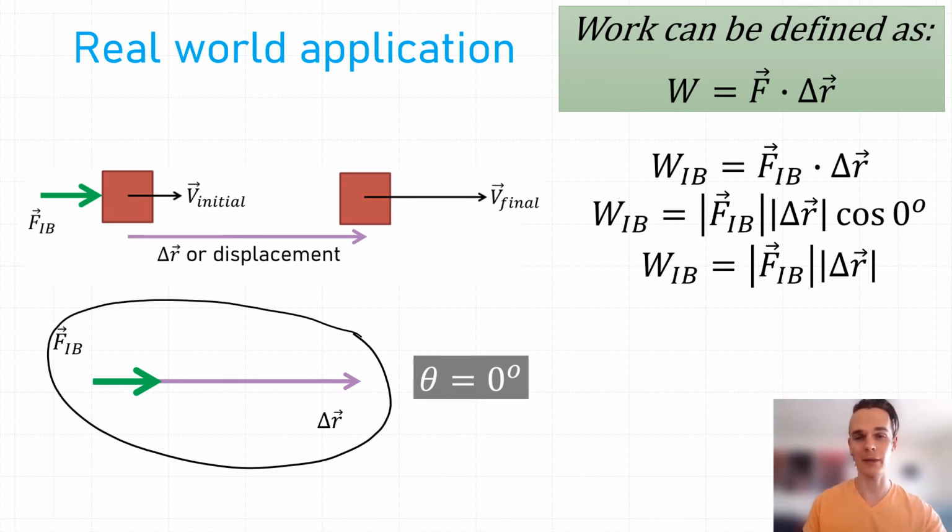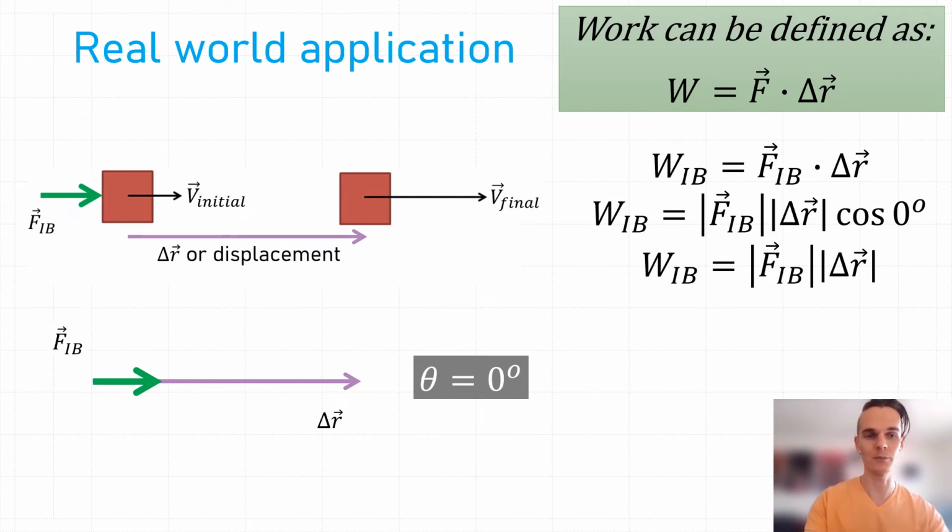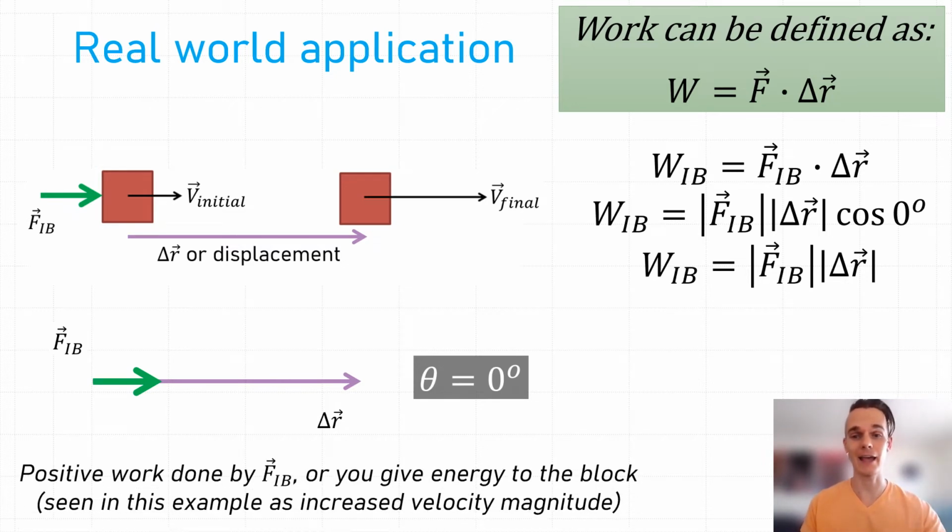So neither the magnitude of the force vector nor the magnitude of the displacement vector are going to be 0. That must mean they are positive. So the work that Ian has done on the box is going to be equal to a positive number. What does that mean? It means that Ian has done positive work on the box.